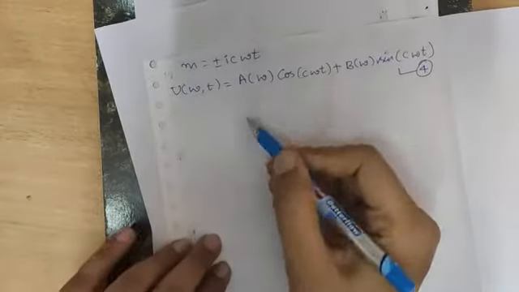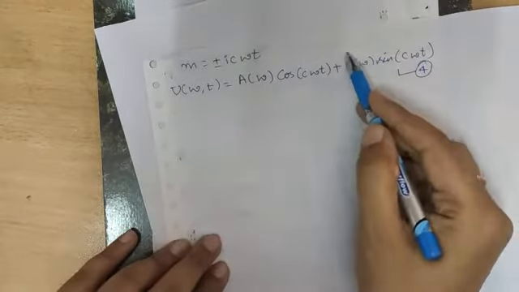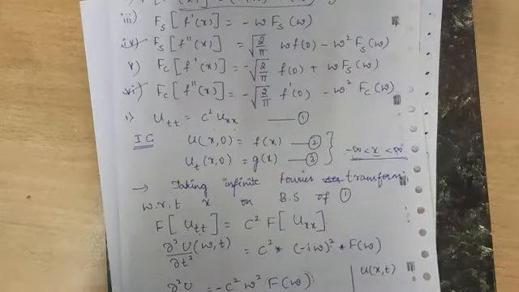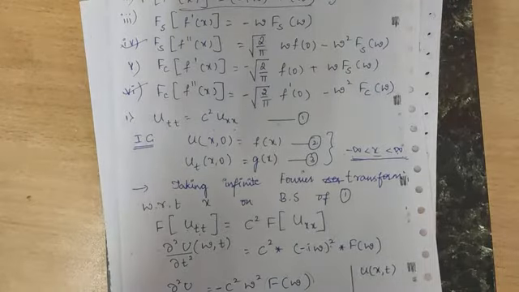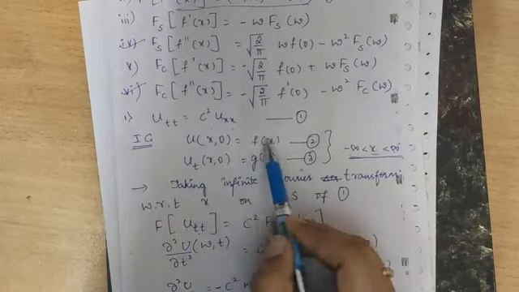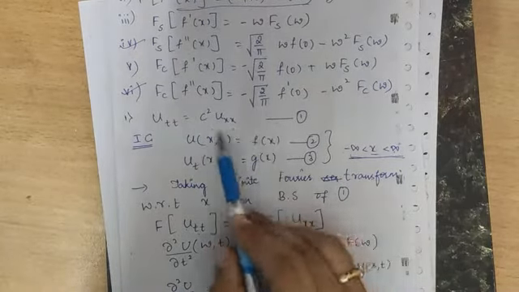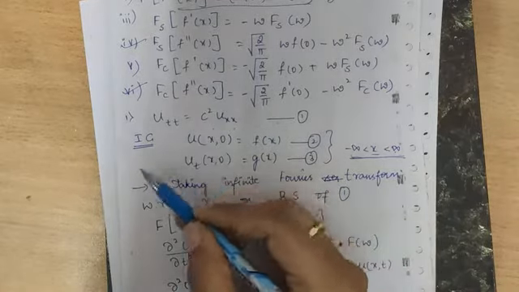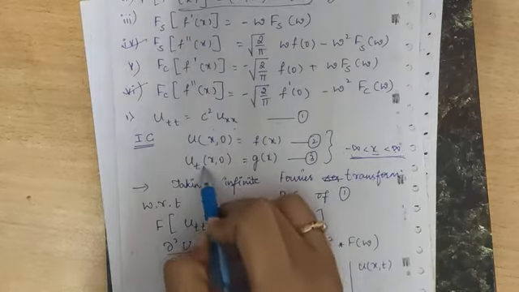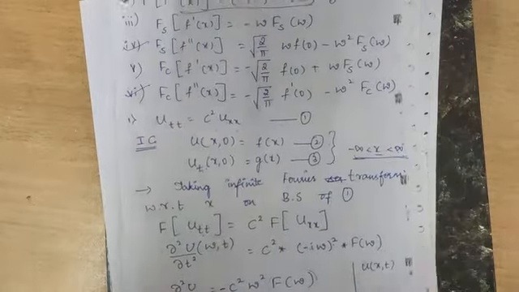Now my task is to find out the value of a omega and b omega. Before finding the values of a of omega and b of omega, our initial conditions are still in x. There is no transformation that took place here. So first let us apply the infinite Fourier transform to our initial conditions also, that is to equations 2 and 3.